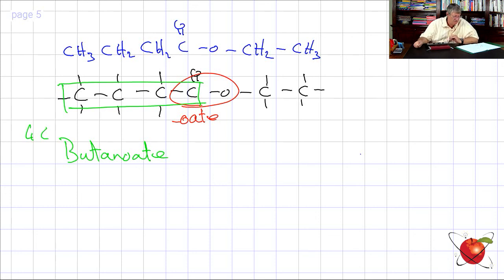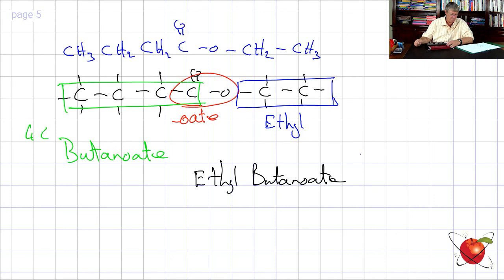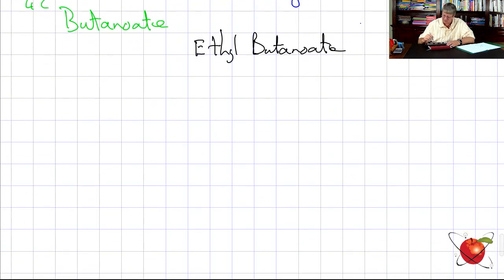Butanoate, and what is on it? My side chain, the blue guy, is meth, eth. So this is an ethyl, and it is ethyl butanoate. So I can just go ahead and write it: ethyl butanoate.